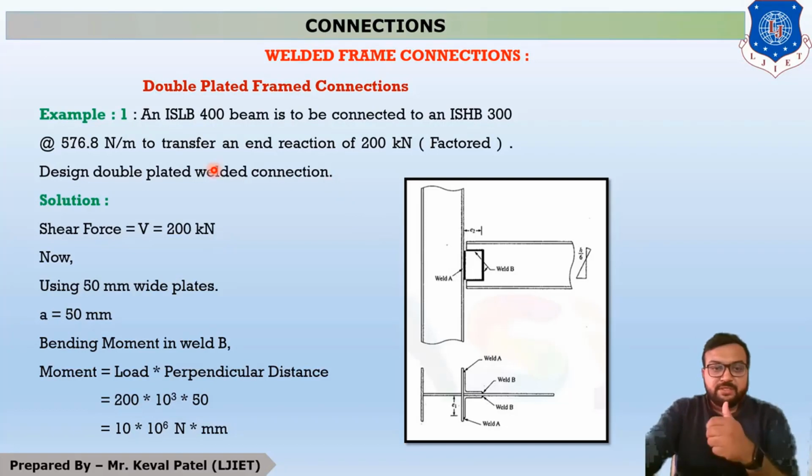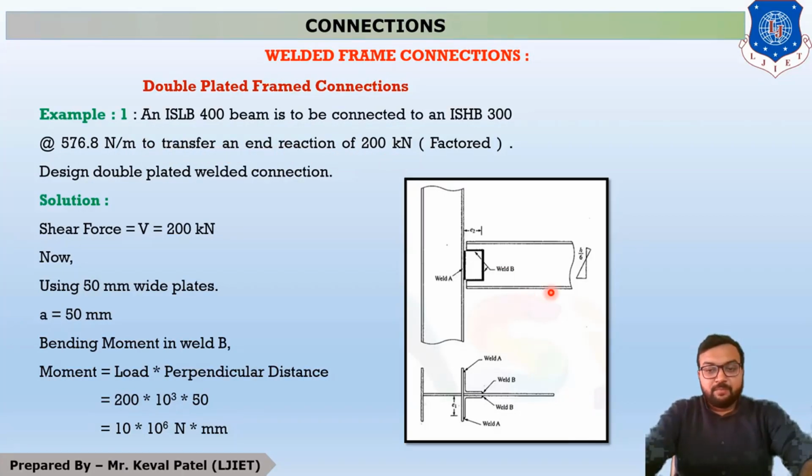The question is: an ISLB 400 beam, an Indian Standard Large Beam 400, is to be connected to an ISHB 300 column, at 576.8 Newton per meter, to transfer an end reaction of 200 kilonewton.